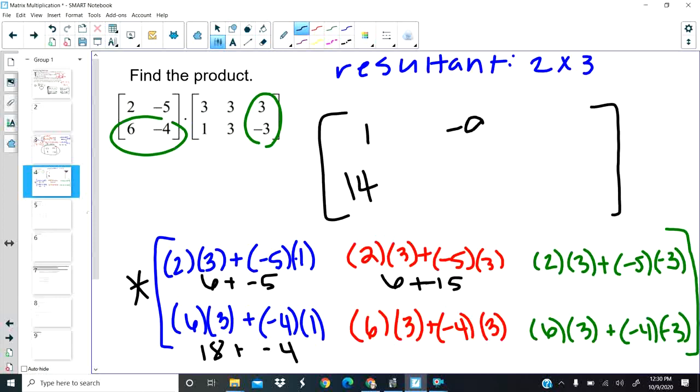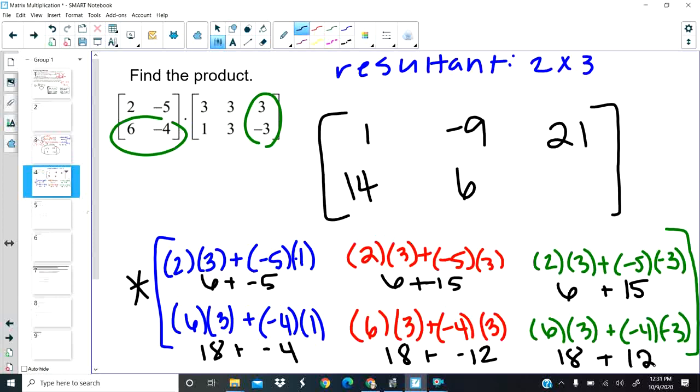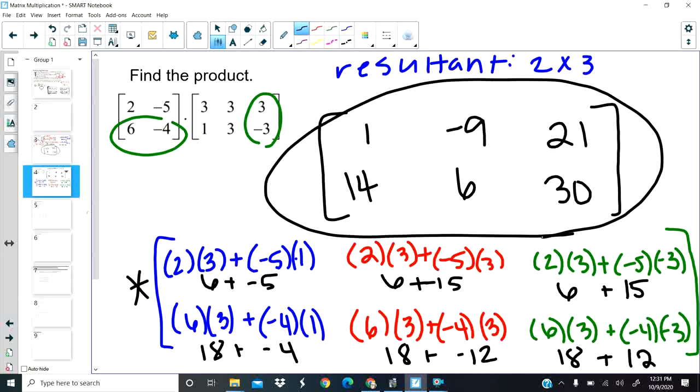So that's going to give me negative 9. 6 times 3 is going to be 18 plus negative 12, which is going to give me 6. 2 times 3 is going to be 6 plus negative 5 times negative 3. That's going to be a positive 15, so that's going to give me 21. And then 6 times 3 is 18 plus negative 4 times negative 3 is positive 12, and so that's going to give me 30. So this would be my answer to this problem.